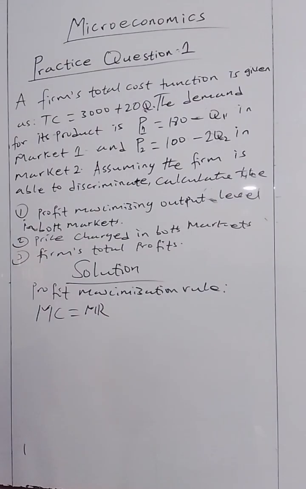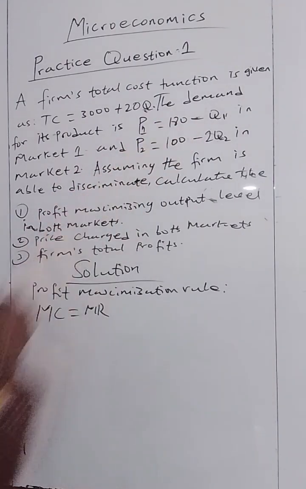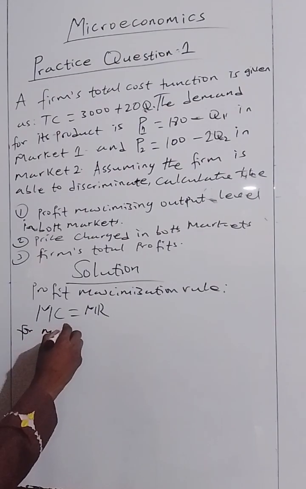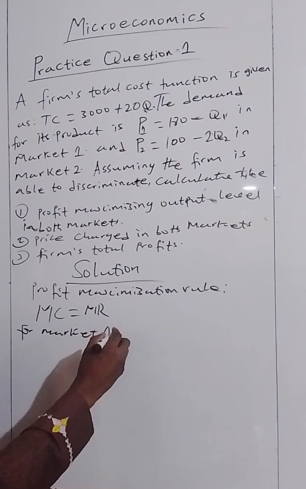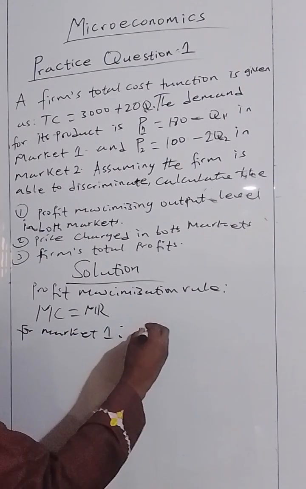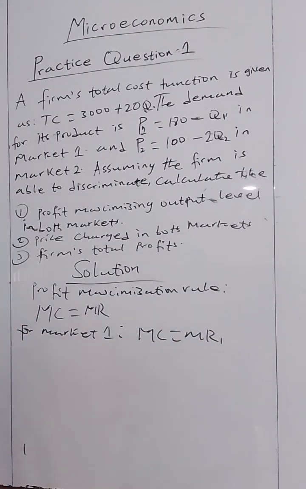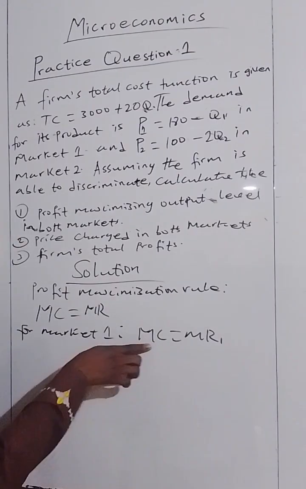Now, this applies to any market, be it a perfect market or an imperfect market. Now, because the firm discriminates, this profit maximization is going to be specific. Therefore, for market 1, the profit maximization condition will be where MC is equal to MR1. Why is this not MC1?